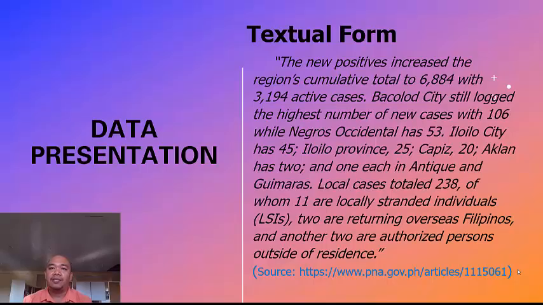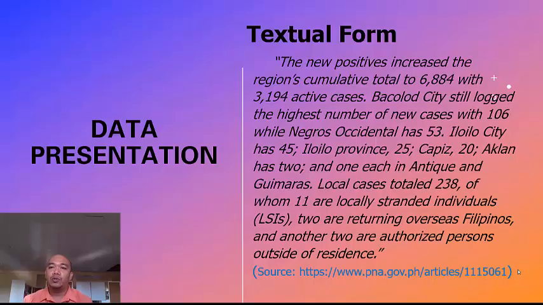Bacolod City still lodged the highest number of new cases with 106, while Negros Occidental has 53. Iloilo City has 45, Iloilo Province 25, Capiz 20, Aklan has 2, and 1 each in Antique and Guimaras.